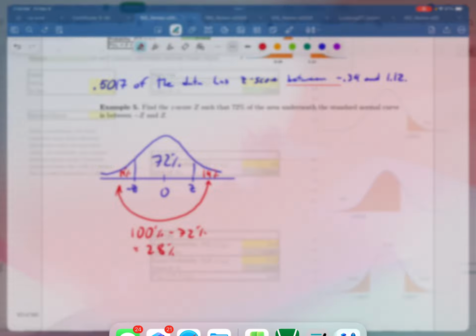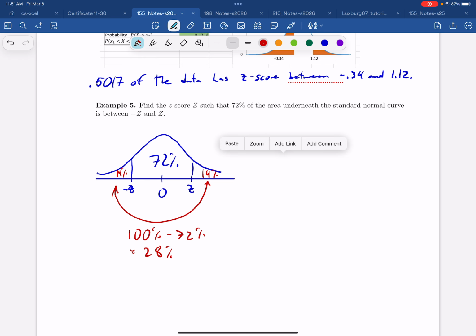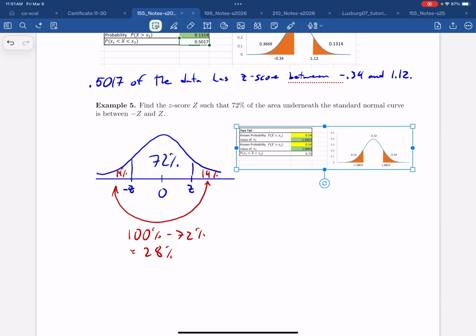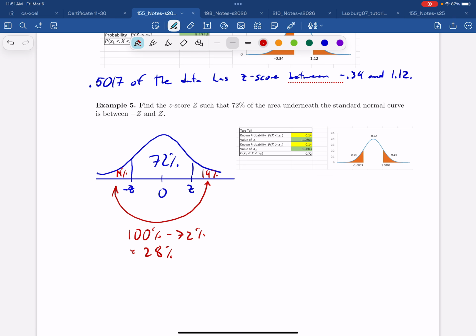And we're just going to stick this in here. All right. And so we would just say z equals 1.0803. And that's what we've got.